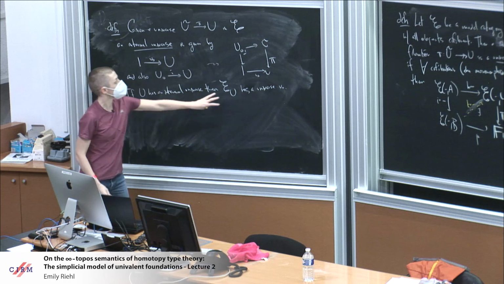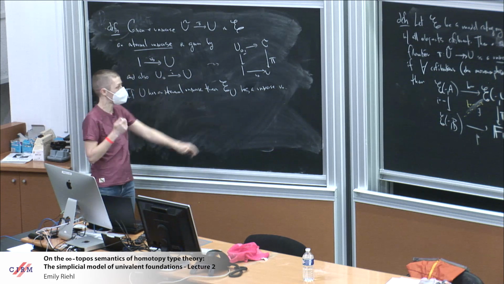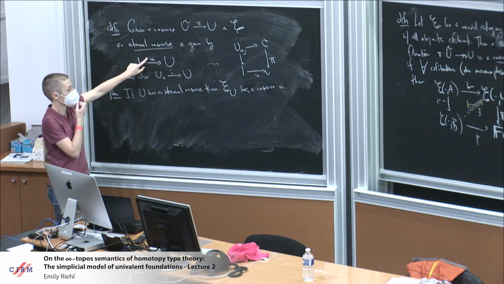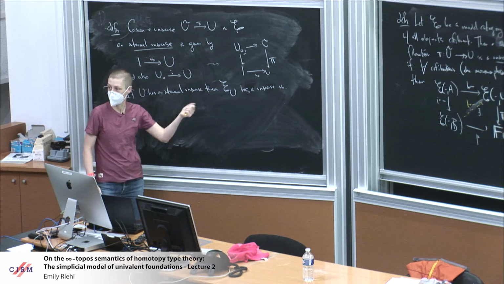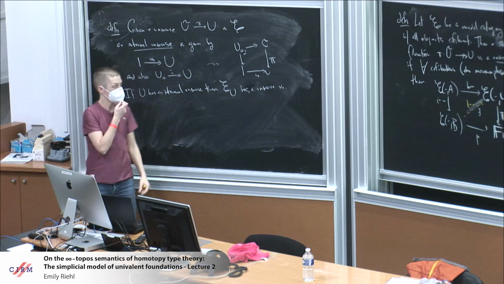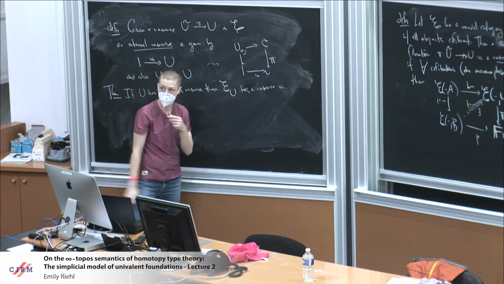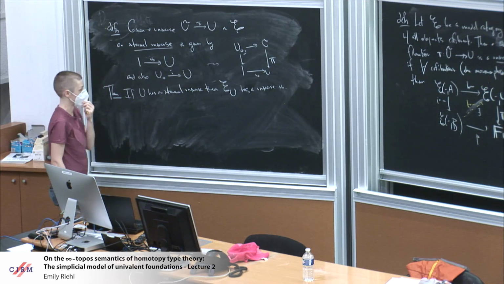Remember, the objects in this contextual category were sequences of morphisms starting from a map from the terminal object into the universe. So this U naught gives a type in the empty context, and that is going to be the universe inside. So the model of homotopy type theory lives in here, and this is giving us a universe inside there. So your question was about closure under type forming operations.